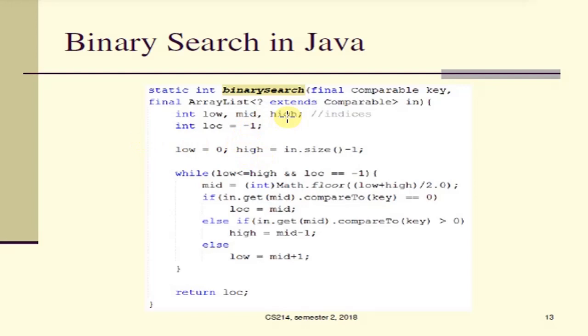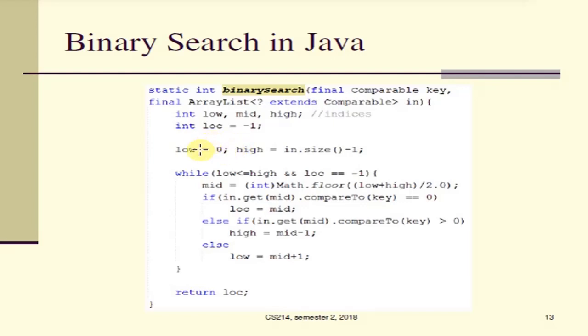And we have a high, which is the index of the maximum, the far high end of our array list. So these three let us keep track of our indices: the low, the mid, and the high.